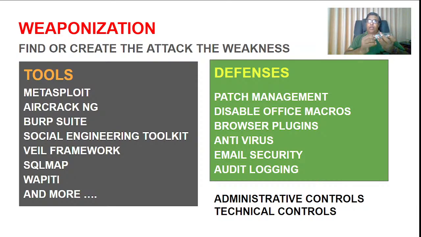He connects it to a USB power supply and just puts it in your flower pot or somewhere close to the Wi-Fi network. When he comes next day, he will pick it up and he will have access to your Wi-Fi network.